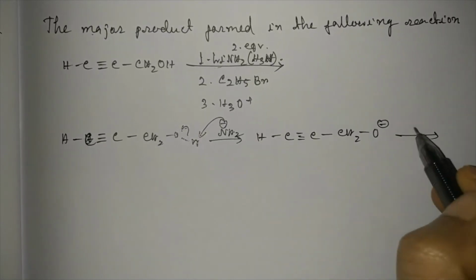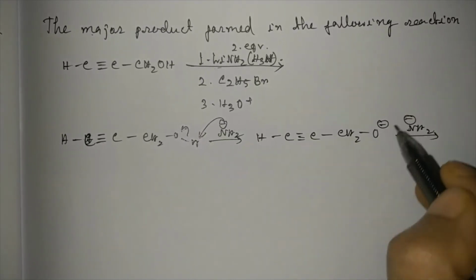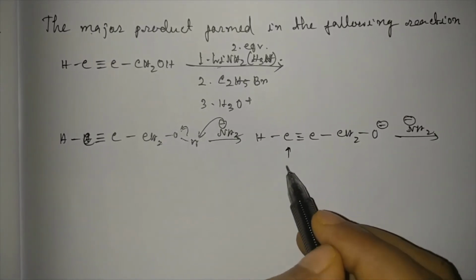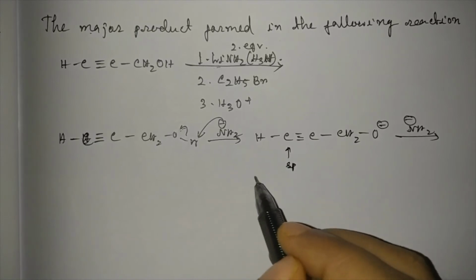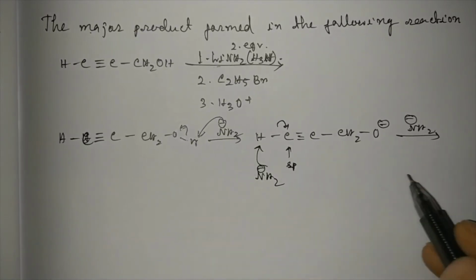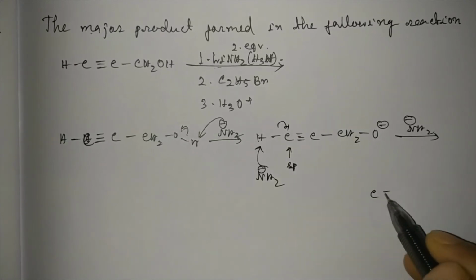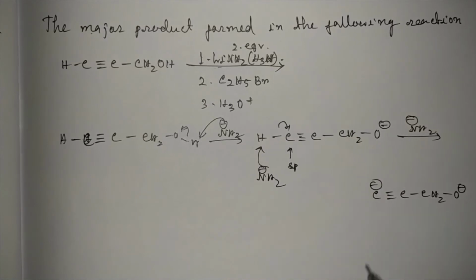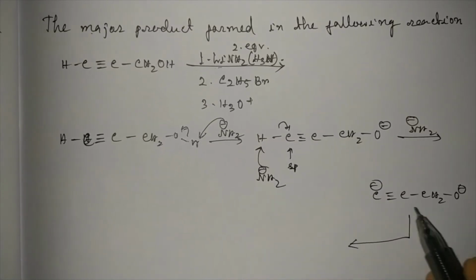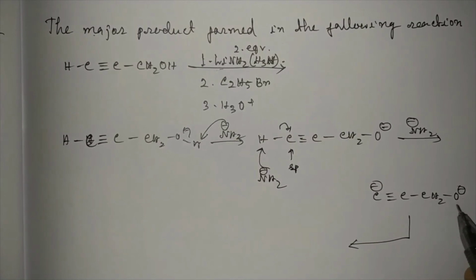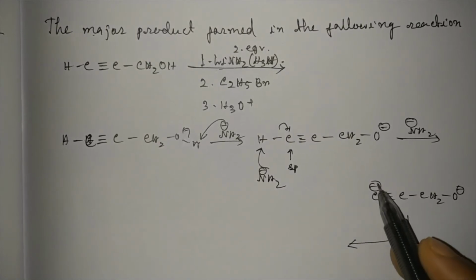Then another equivalent will take this proton, because this proton is connected to an sp hybridized carbon and is quite acidic, so NH2 minus will abstract this proton and the corresponding anion will be formed. In this anion there are 2 nucleophilic centers, one is oxygen and another is carbon.